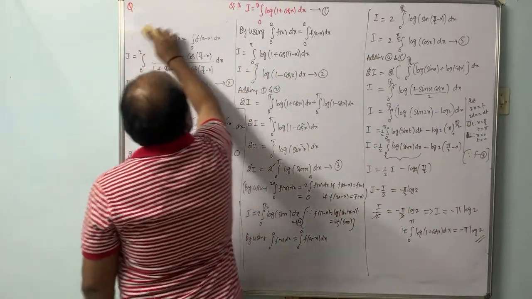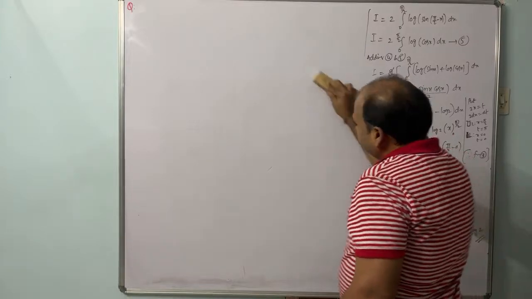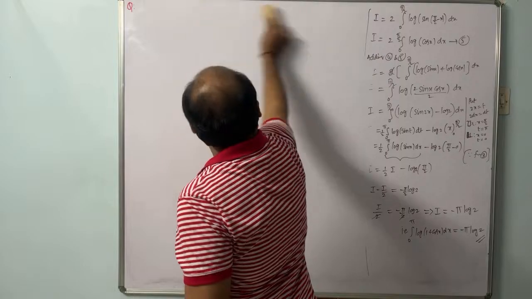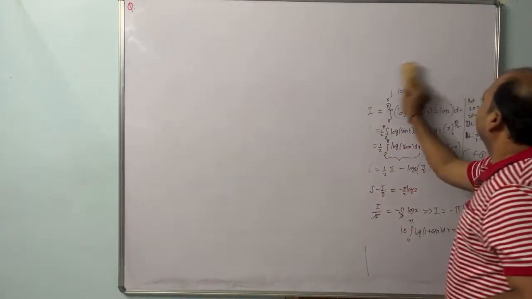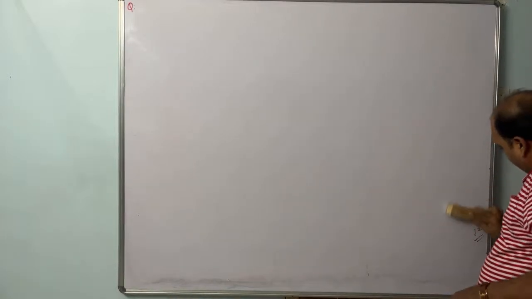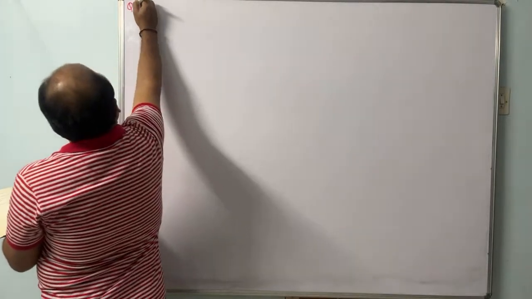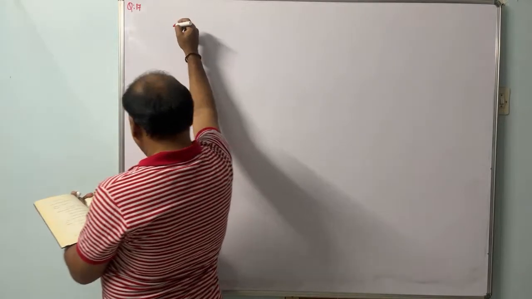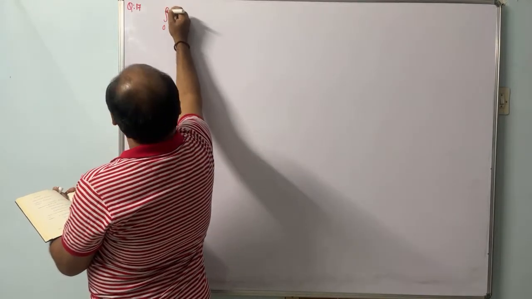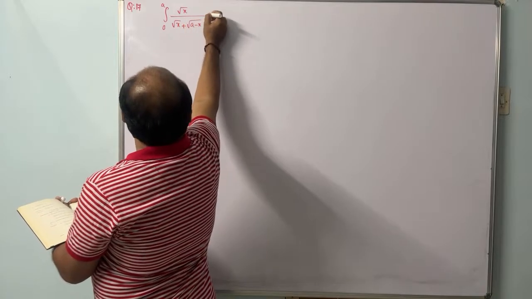Question number 17 we will go to: integral 0 to a root x divided by root x plus root a minus x into dx.